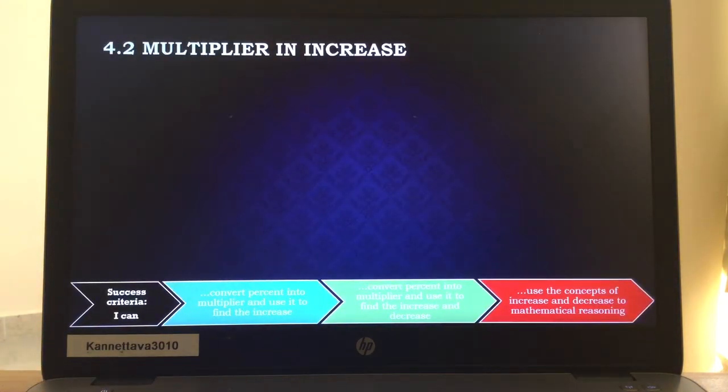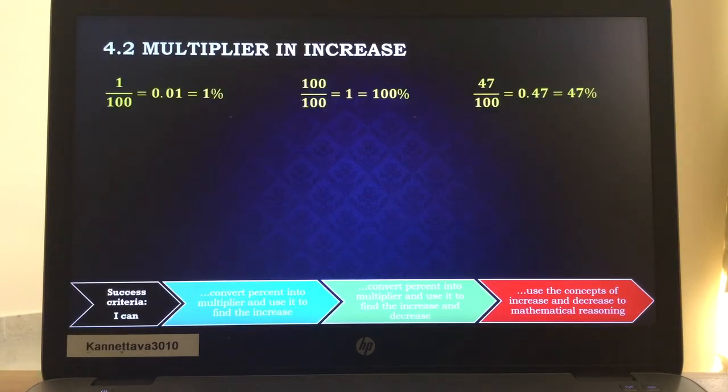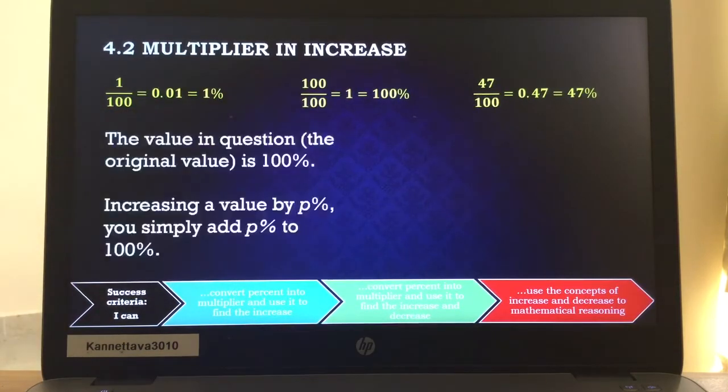Okay, multiplier in increase. Again, we have these relationships here. The value in question is always 100%, and if you increase a value by a certain percent, let's call it P, you simply add that percent to 100.